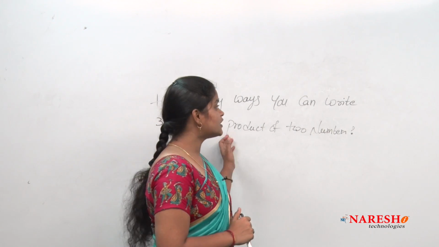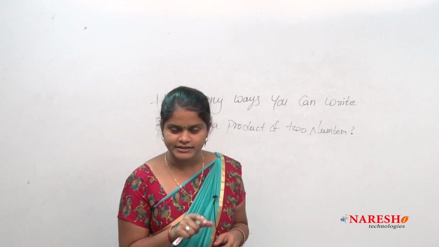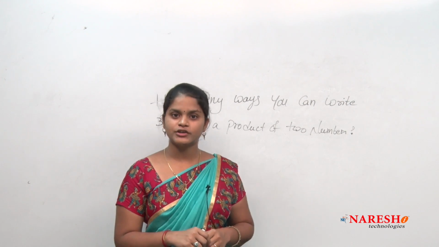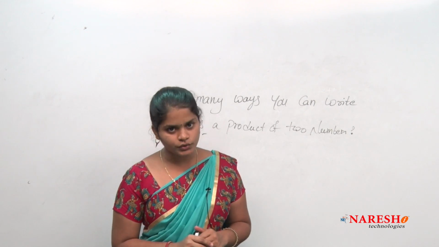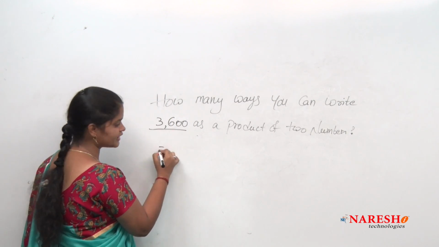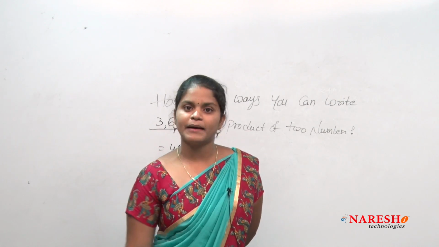And 12, how many ways can I write as a product of two numbers? 3 ways. It is nothing but number of factors divided by 2 will give you how many ways we can write as a product of two numbers. So for 3600, how many factors do we get? 45. Now I should divide it by 2.